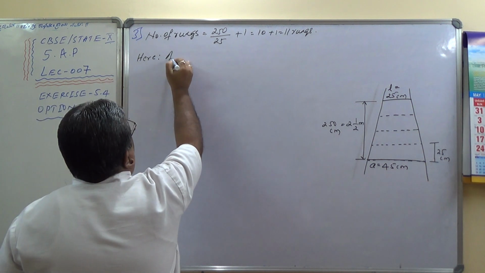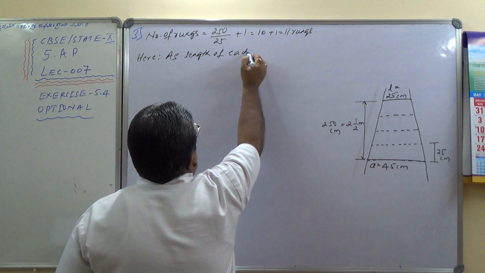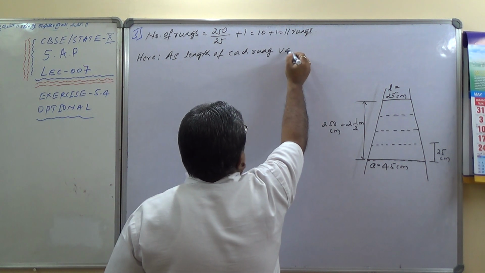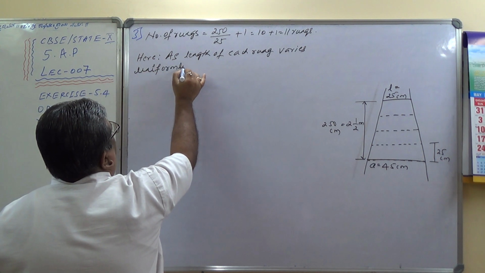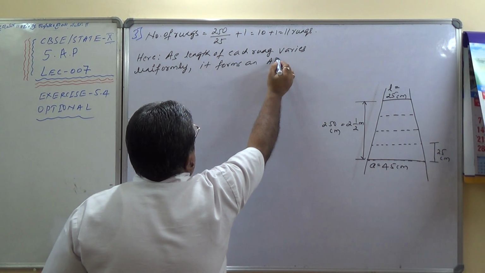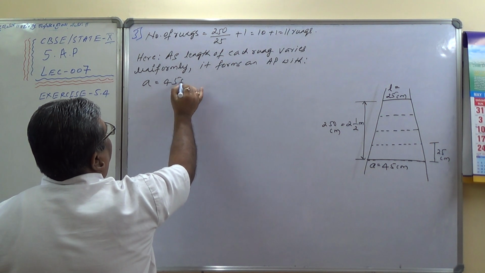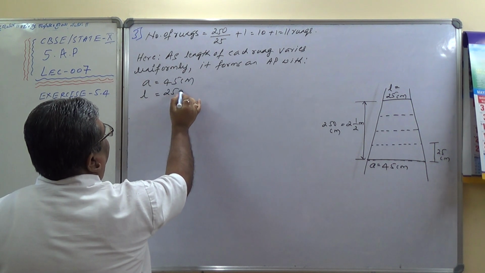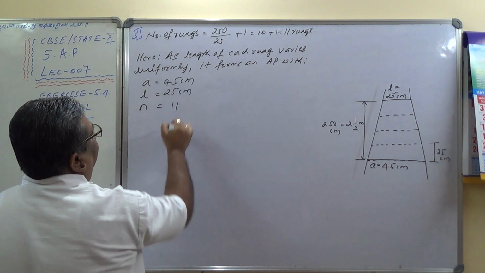Here, as the length of each rung decreases or varies uniformly, it forms an AP with A equals 45 centimeter and L equals 25 centimeter and N equals 11 rungs.